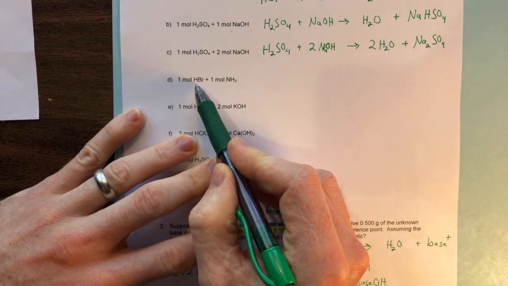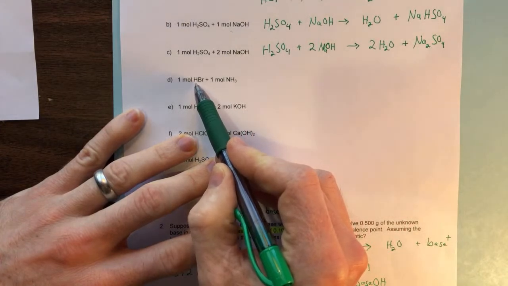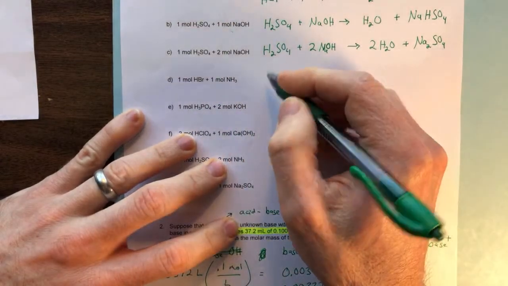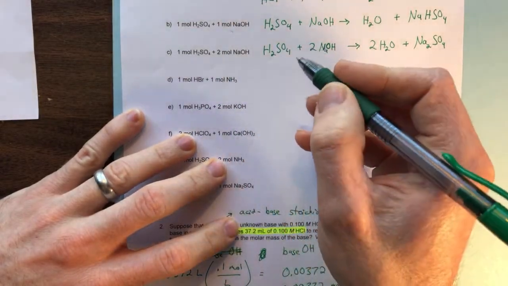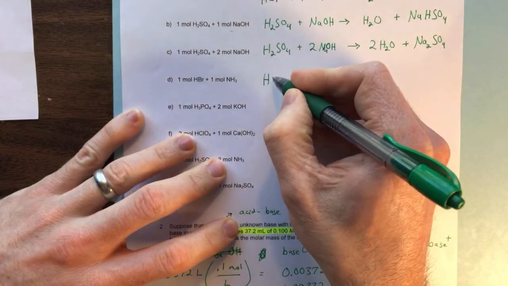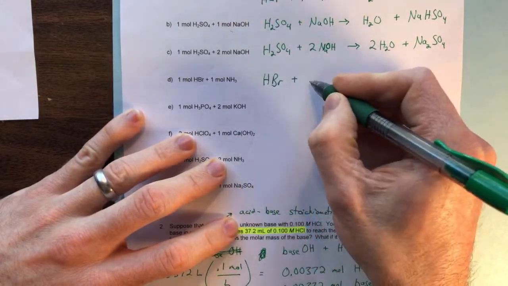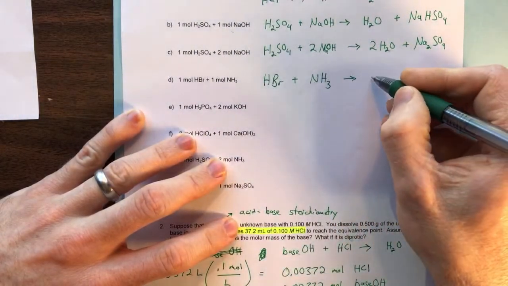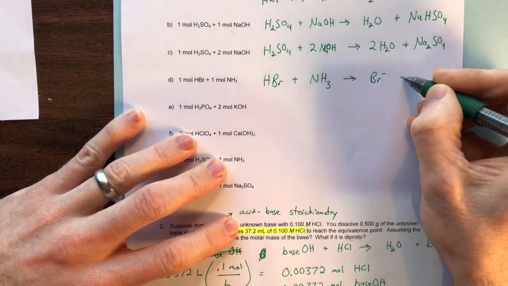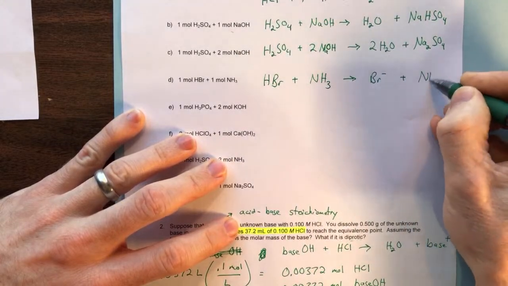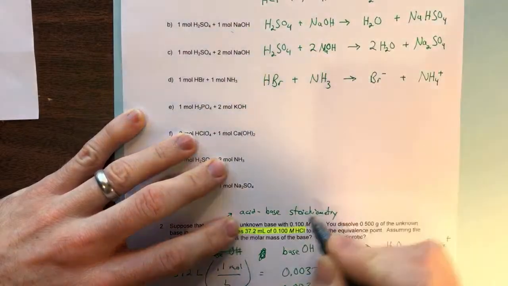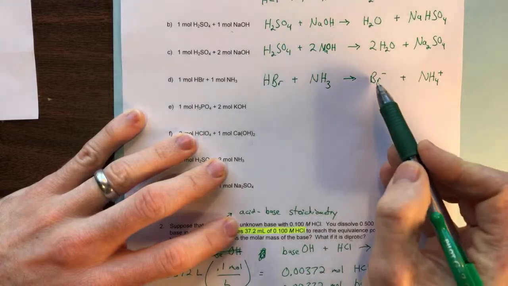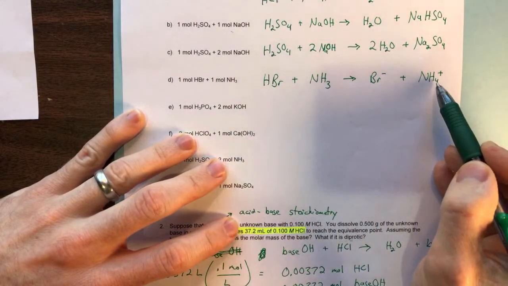So the acid will take this H and donate it to the base. It's going to simply look like this. There's a couple ways we could write this, but let's do HBr plus NH3. We could write this as Br minus plus NH4 plus. Here we have our acid and our base, and here we have our conjugate base and our conjugate acid.